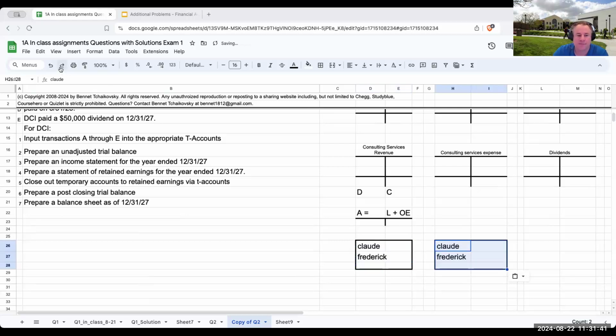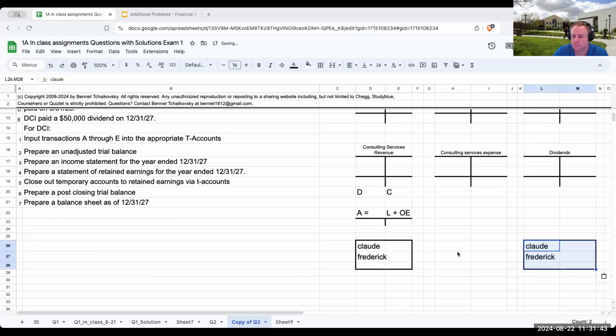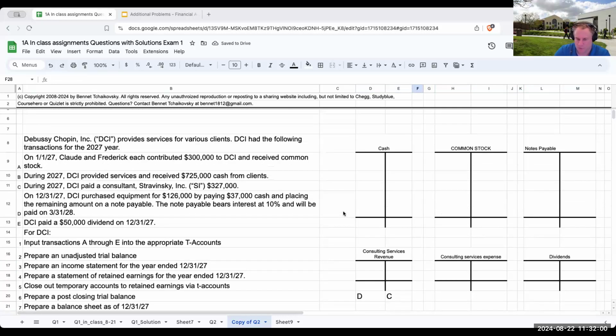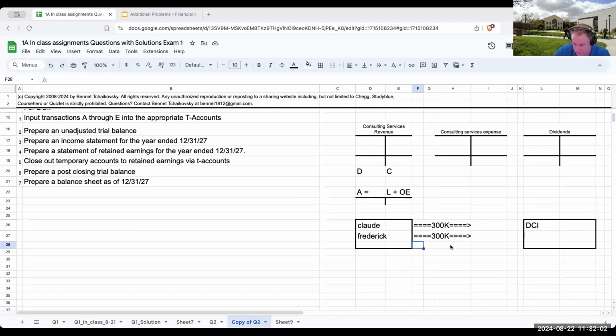Claude is giving us 300,000. Frederick is giving us also $300,000, right? So we're receiving a total of 600,000. And in exchange, we are going to be giving Claude and Frederick common stock.